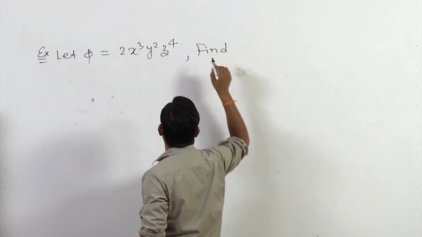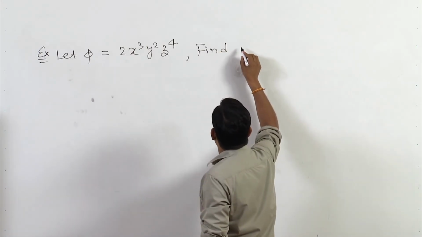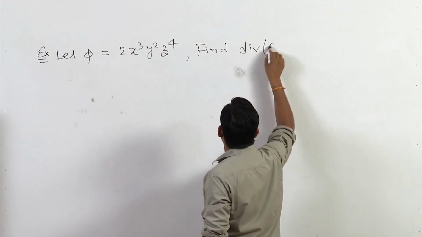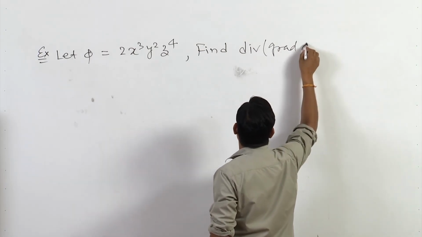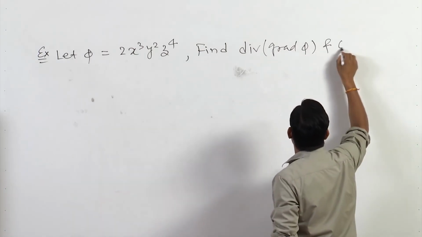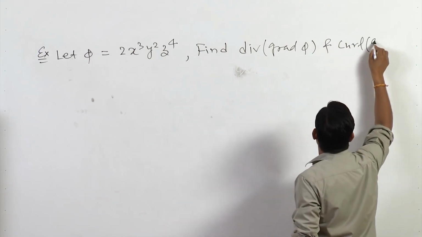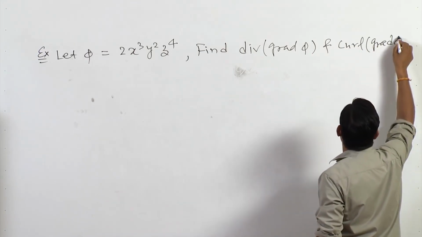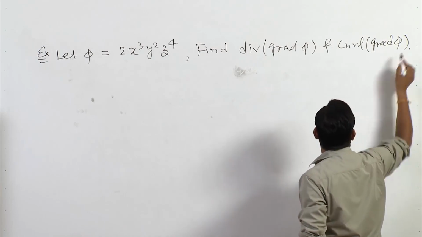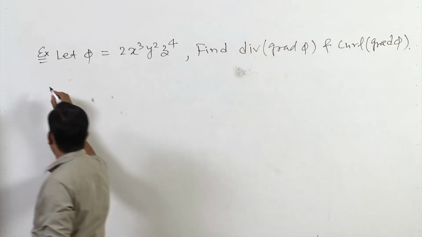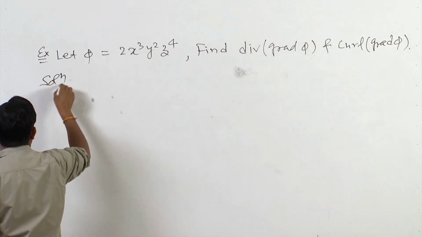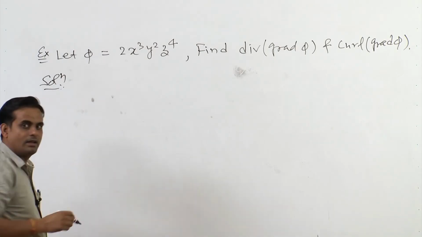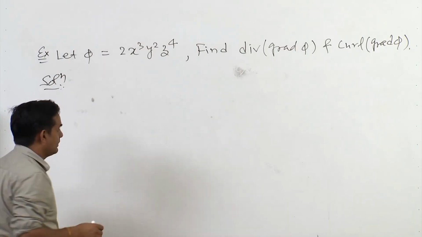Find divergence of grad phi and curl of grad phi. As you know, phi is a scalar function, so grad phi will become a vector function.